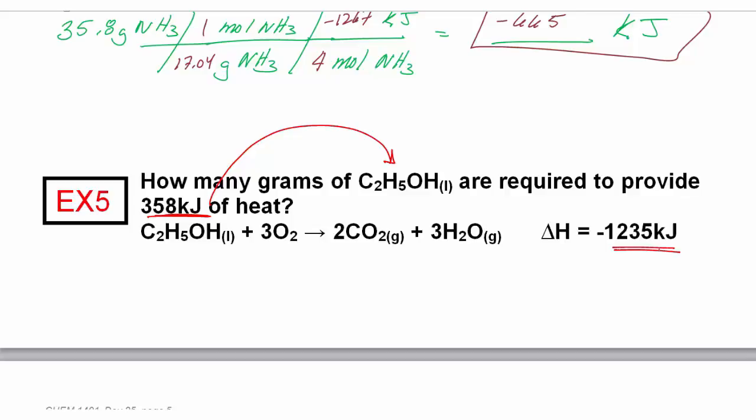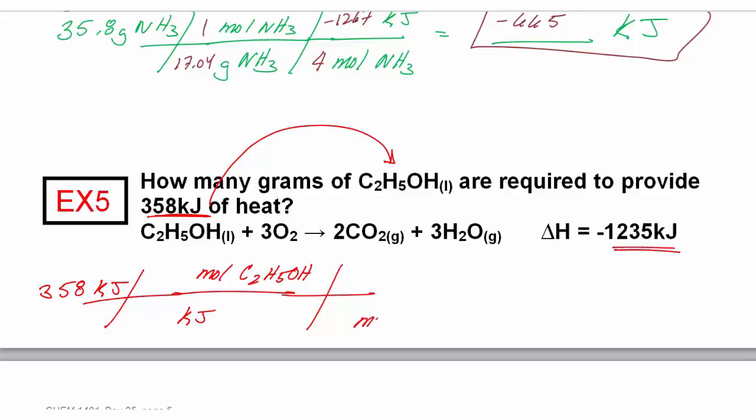We can just go ahead and do a straight conversion. 358 kilojoules. We need to convert all the way to grams of ethanol. So first conversion would be our mole bridge, kilojoules to moles of ethanol. Then we can go into grams of ethanol using molar mass.